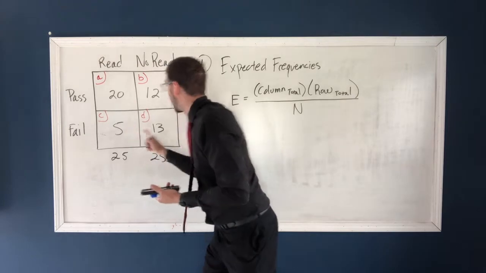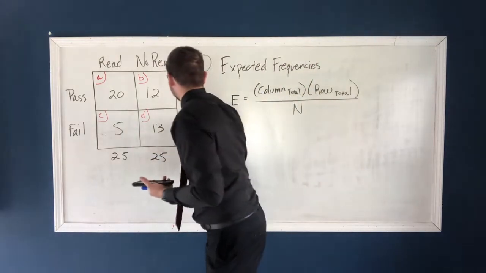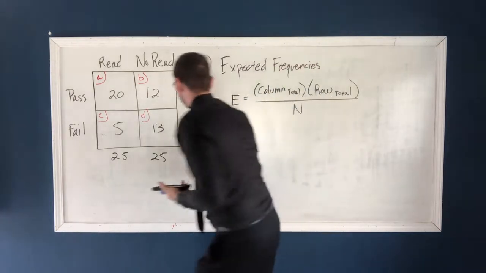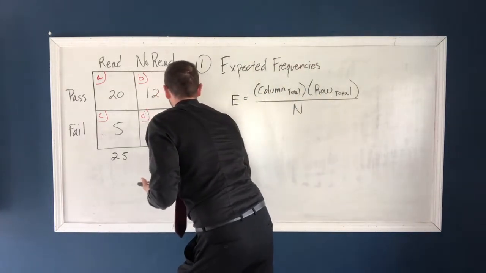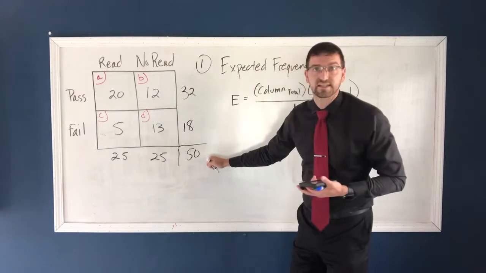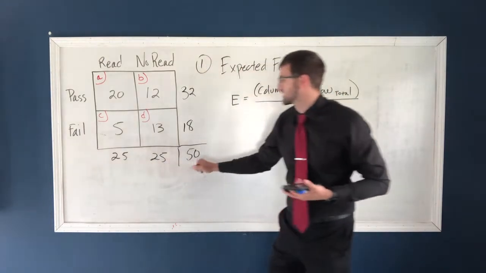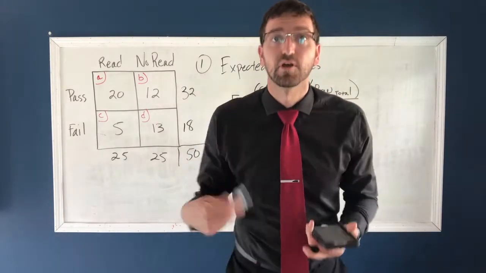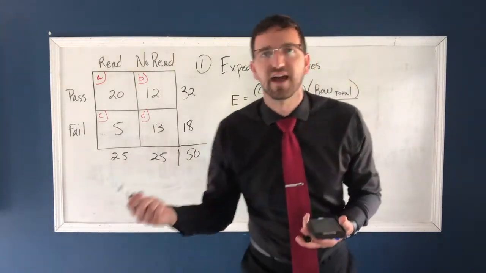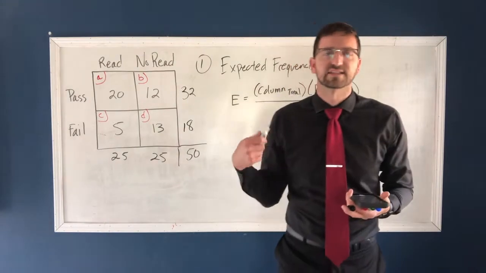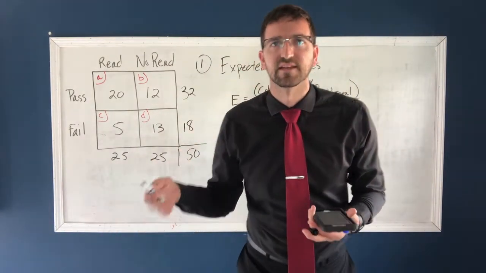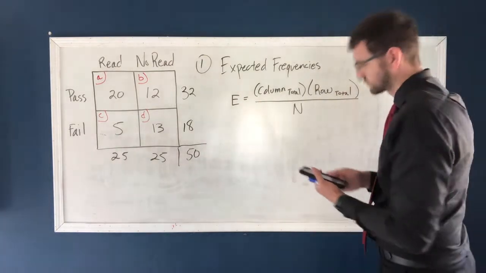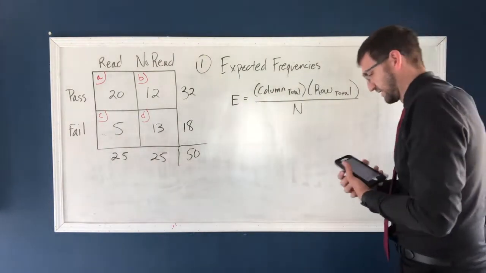For fail, 5 plus 13 is 18. You have a row total of fail that's 18. Now notice, 32 plus 18 is 50. 25 plus 25 is 50. Because there are 50 participants, right? 25 who are randomly assigned to read the textbook, 25 who are randomly assigned not to read the course textbook. Okay, perfect. So what does this look like?